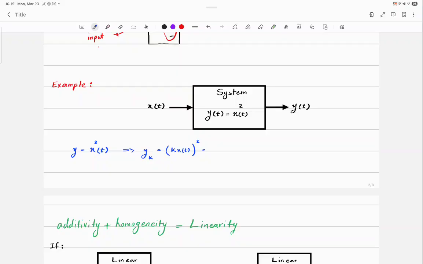What happens to the output? Just multiply by k squared. Yeah. Is it equal to your original y? No, it's not, because k is squared. In the original y, you don't have that, right? Sorry, I should write ky. It's not equal to ky.